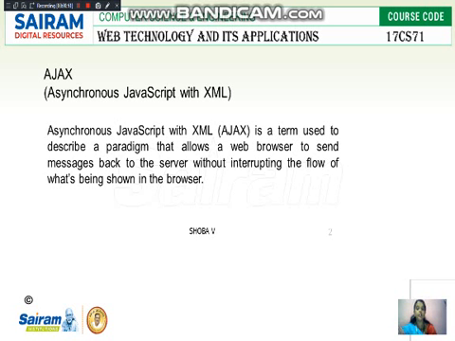Ajax was made very popular in 2005 by Google with Google Suggest. Google Suggest uses Ajax to create a dynamic web interface. When you start typing in the Google search box, what will happen?